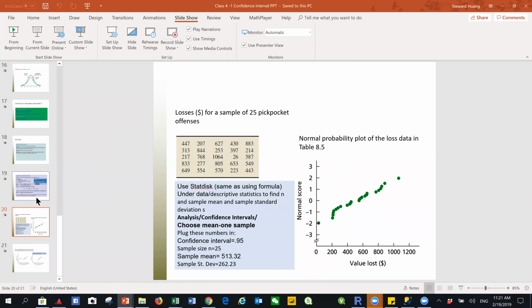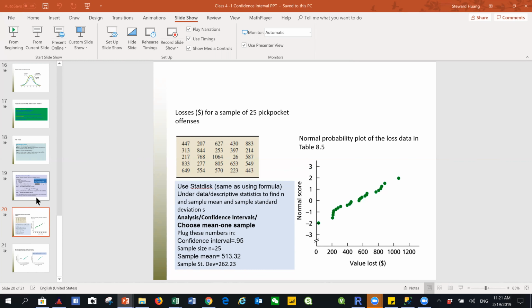You can estimate it this way. Draw a sample which is representative of the population through random sampling, and then you can get a sample mean and sample standard deviation. Then you use the T distribution, because most of the time you don't know the population standard deviation. You can use statistics or you can use Excel, and you can construct an interval easily for that purpose.